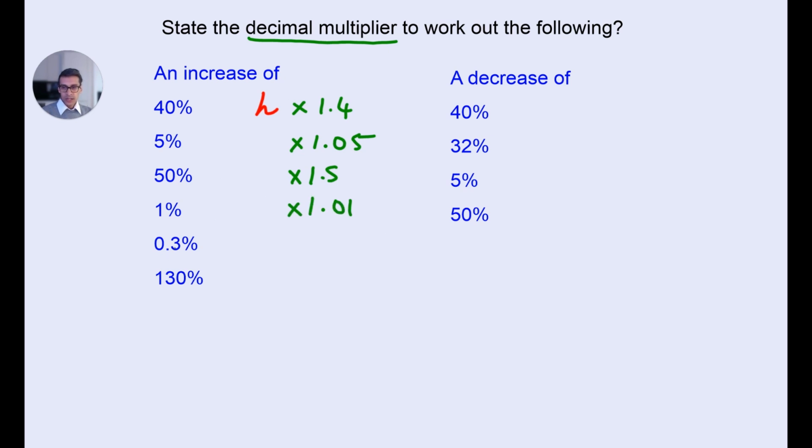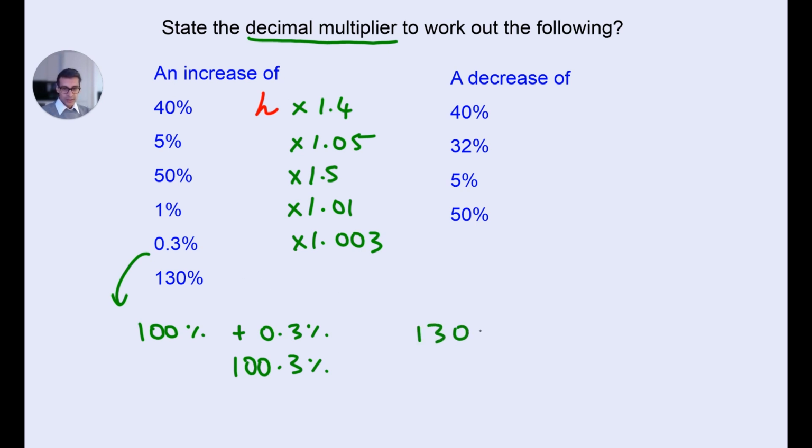A 0.3% increase, so let's just do that down here. 100% plus 0.3% is 100.3%. When you divide that by 100, it's times 1.003.